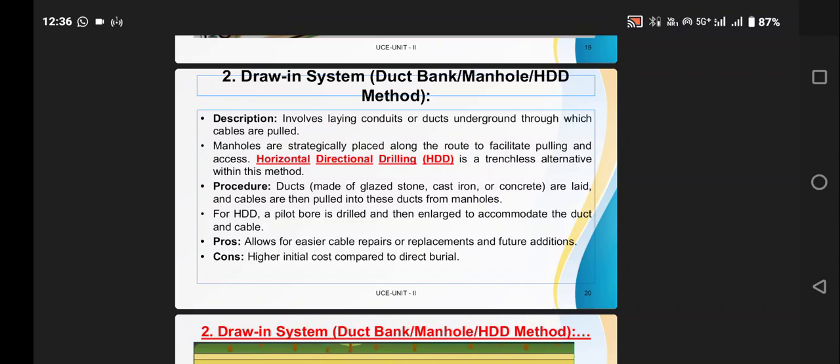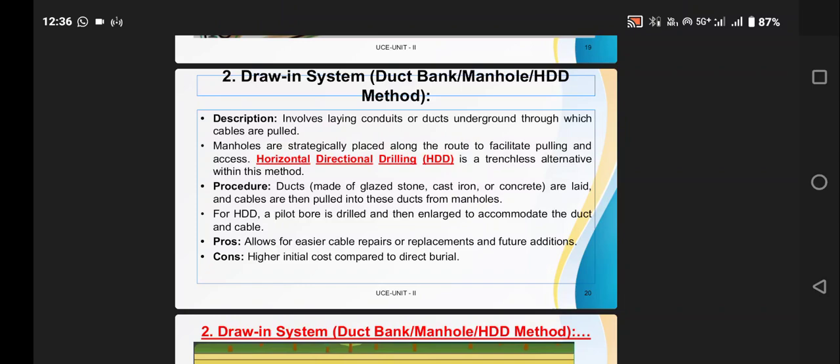HDD is a trenchless alternative within this method. The procedure is ducts are laid and cables are then pulled into these ducts from manholes. For horizontal directional drilling, a pilot bore is drilled and then enlarged to accommodate the duct and cable.